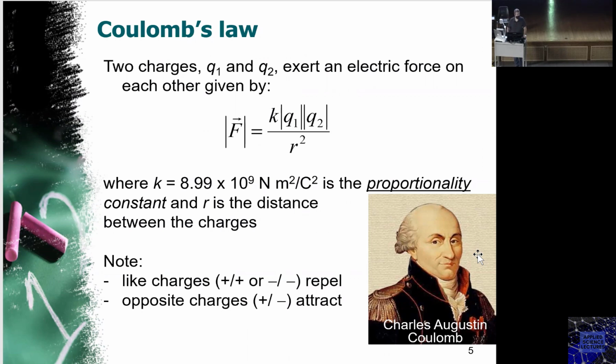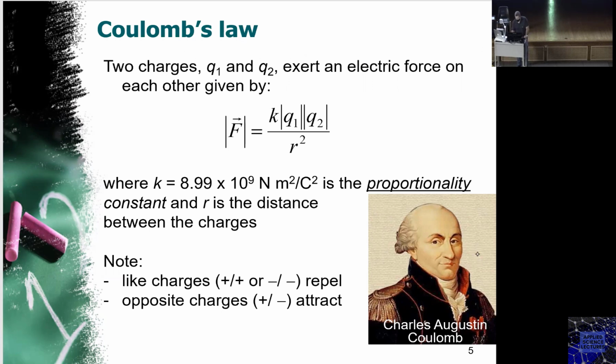So what is the relationship that governs the magnitude of this force between two charges? We'll be looking here at two charges as the least number of charges. You need at least two charges to have a force. Why? Because the force itself is due to the contribution of both the charges.